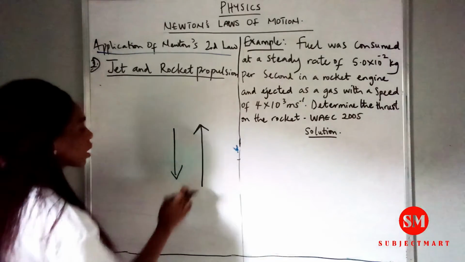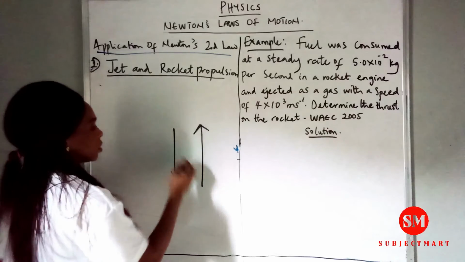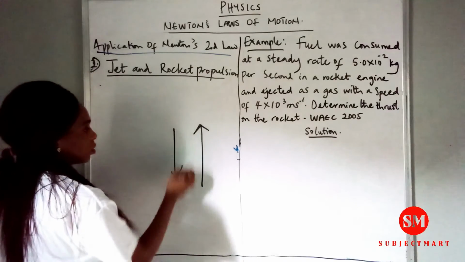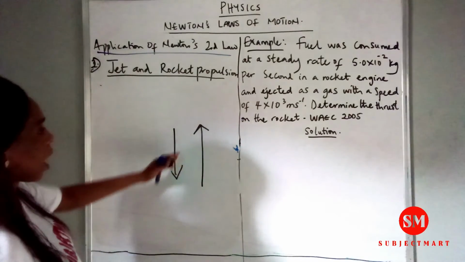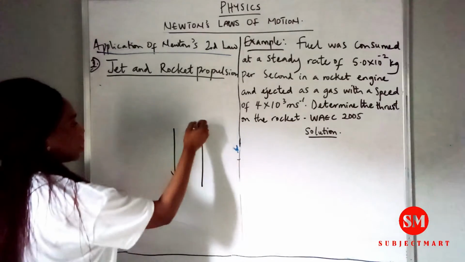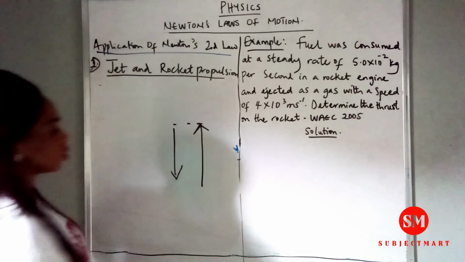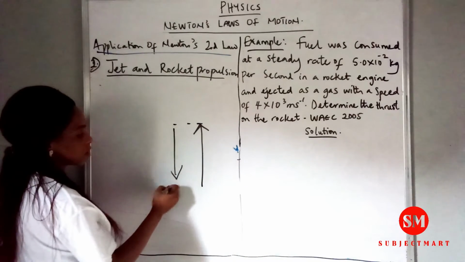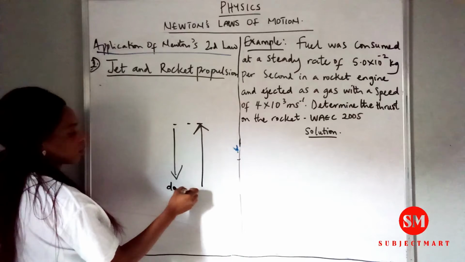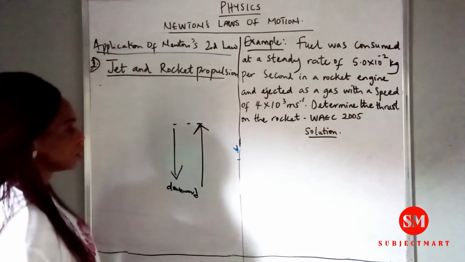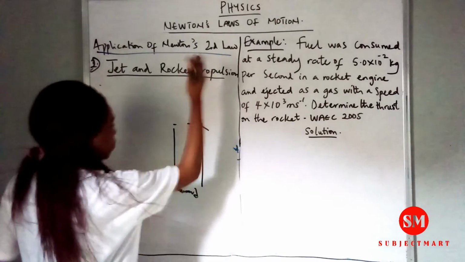So both of them are moving with the same magnitude, the same speed, but in different directions. Gas is released downward. The rocket is propelled upward.